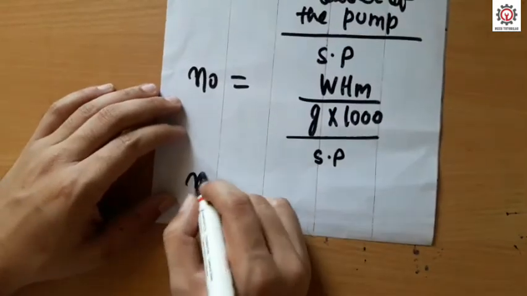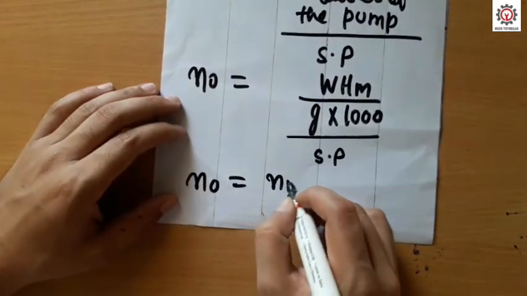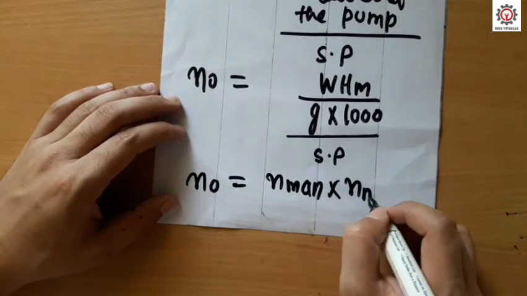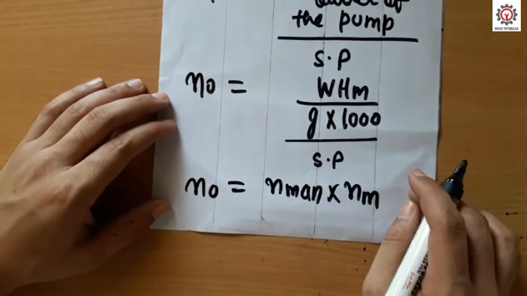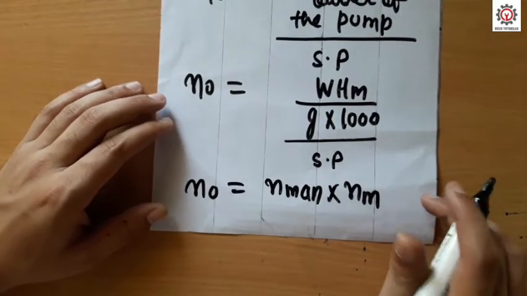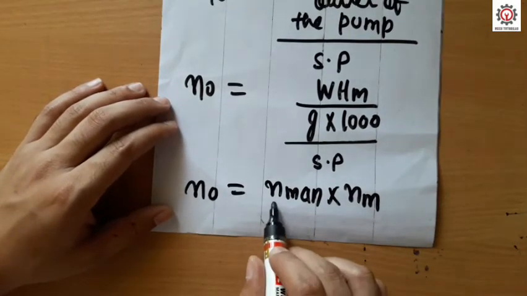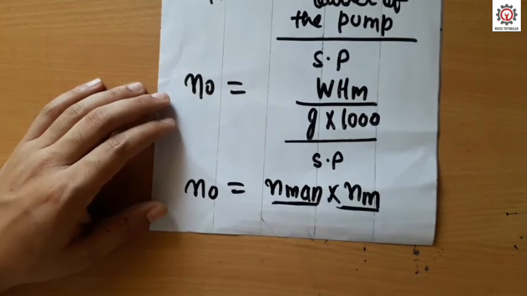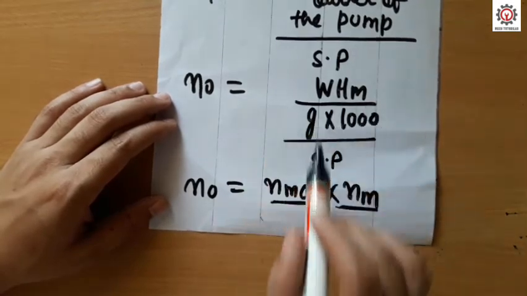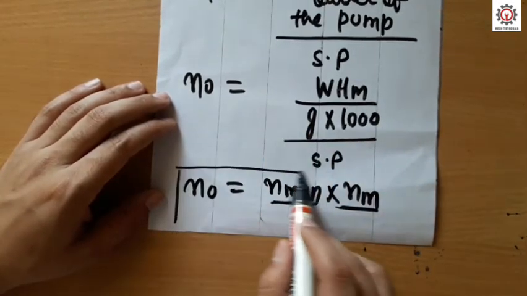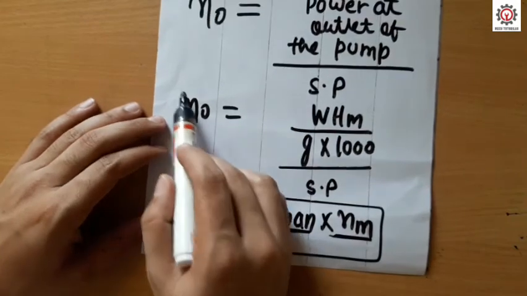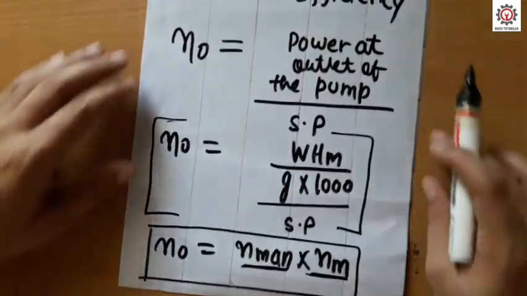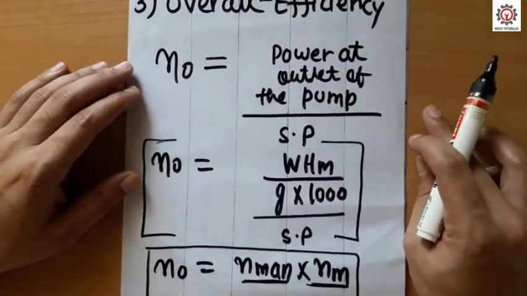This can also be written as manometric efficiency into mechanical efficiency. Why? Because when you multiply the formulas of manometric efficiency and mechanical efficiency, you will get this relation. So this is the formula for overall efficiency. Remember these formulas for doing numericals.